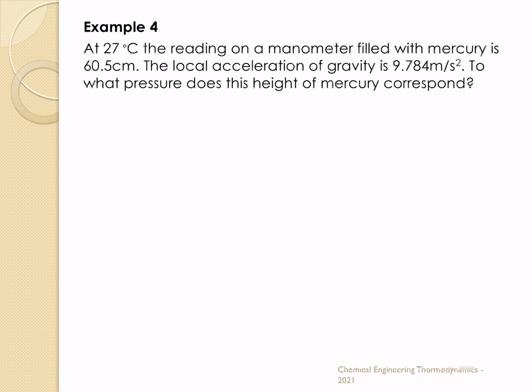That would be the height of the mercury inside the manometer, 60.5 centimeters. The local acceleration, G, is 9.784. To what pressure does this height of mercury correspond?